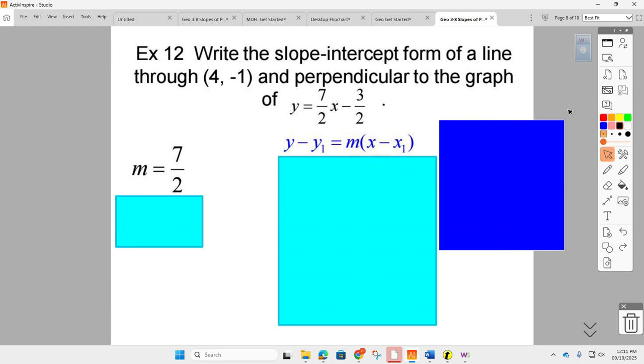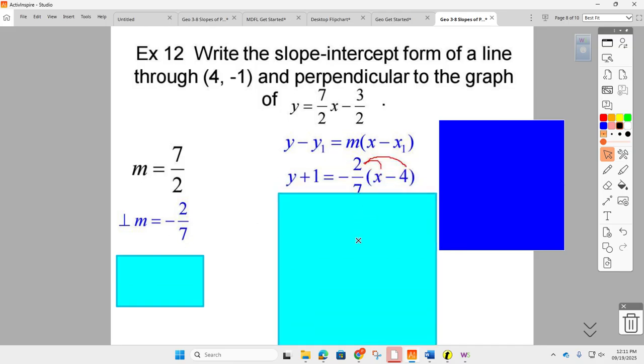We're plugging it in, but now we need to identify the opposite reciprocal of the slope. So now the slope of our new line is going to be negative 2/7. And when we plug in here, it's minus, so this is the y, minus a negative is a plus. So we've got our slope in here, our y coordinate here, our x coordinate here.